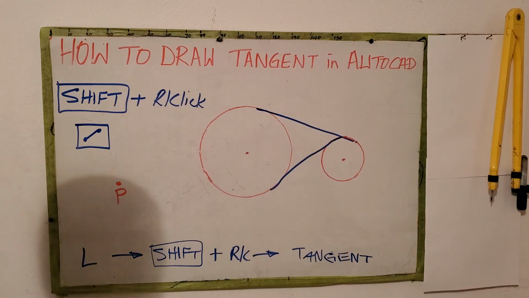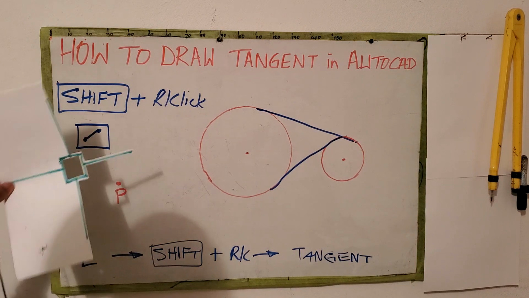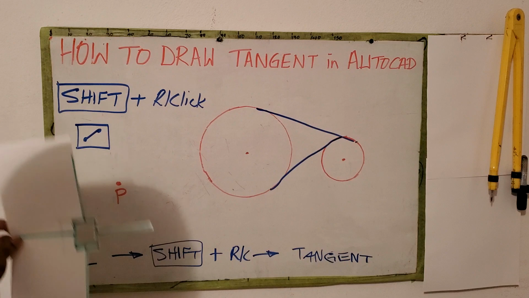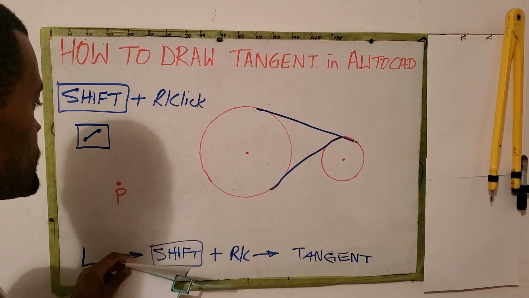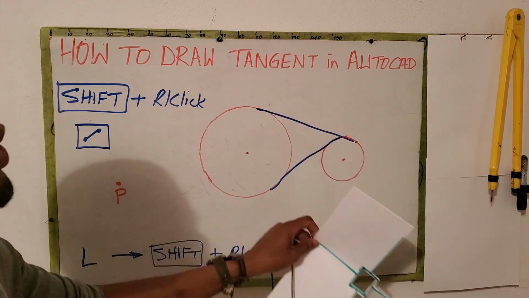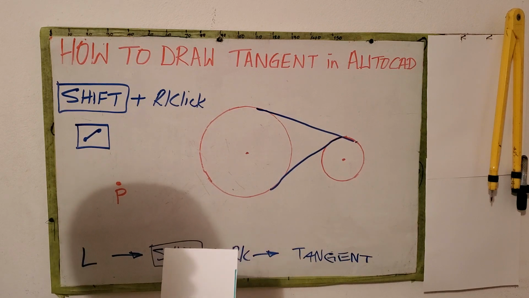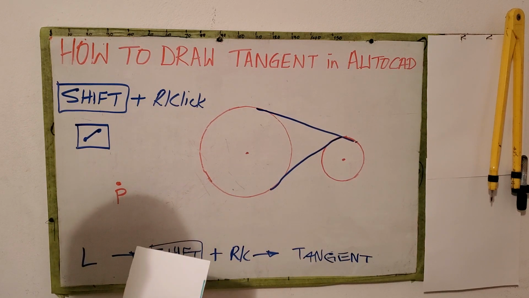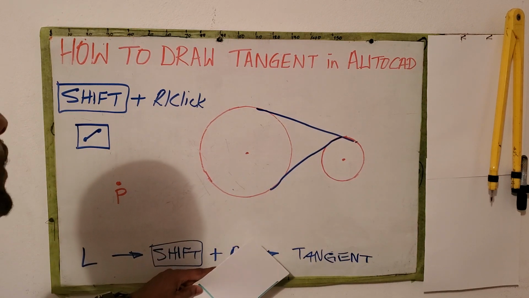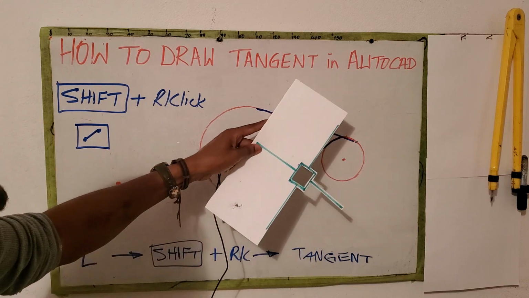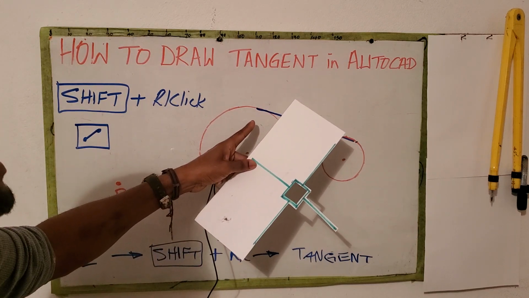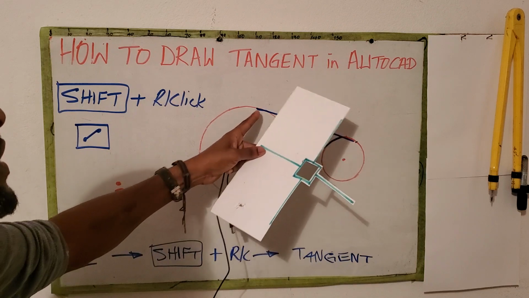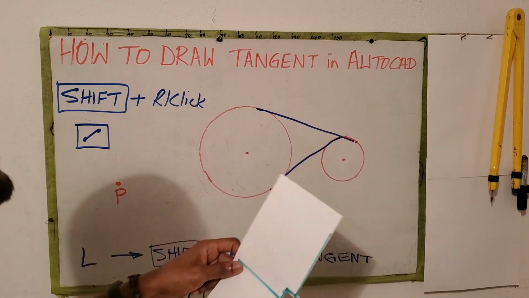For those who forget, when you left click on the line icon, the command bar will change. It will then ask you to specify the first point for the line. In this case, we don't want a definite point. We need a point on a circumference.